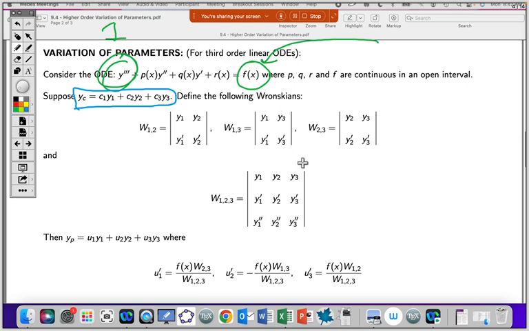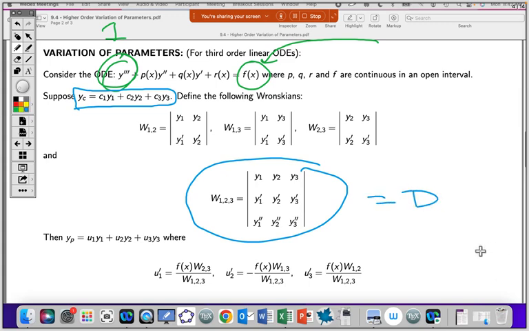Now, when you go in to do your Cramer's rule, this Wronskian is going to be your determinant D. And just like with second order linear equations, if you have linearly independent parts, y1, y2, and y3, and they're all solutions of a linear differential equation, the Wronskian determinant is either going to be always 0 or never 0. So this should never be 0 if you've got 3 linearly independent solutions in there.